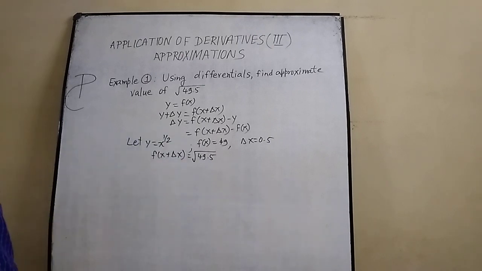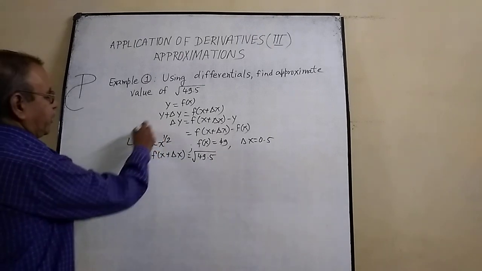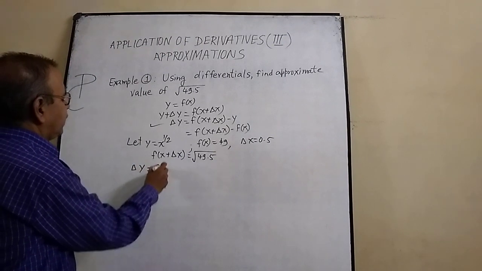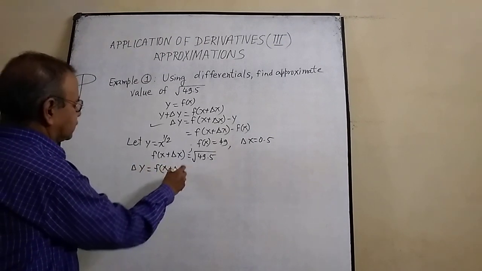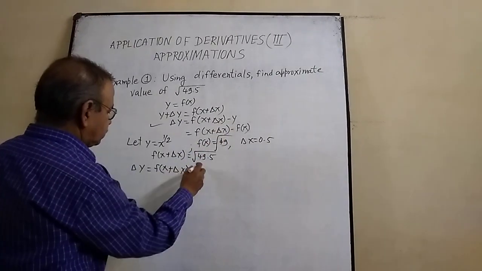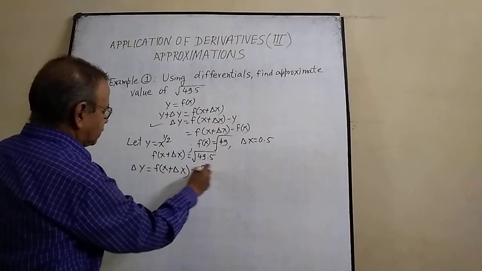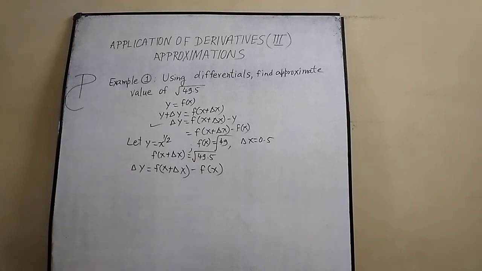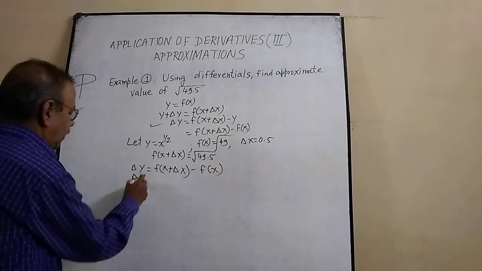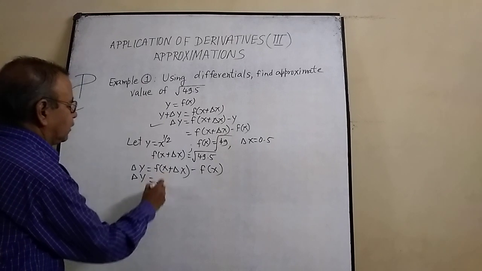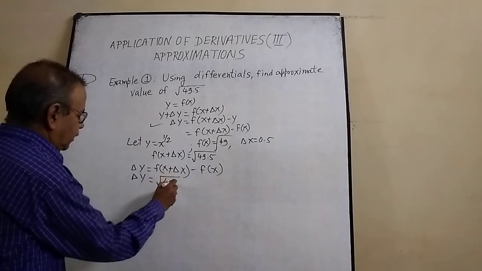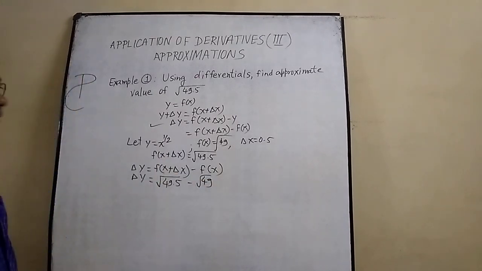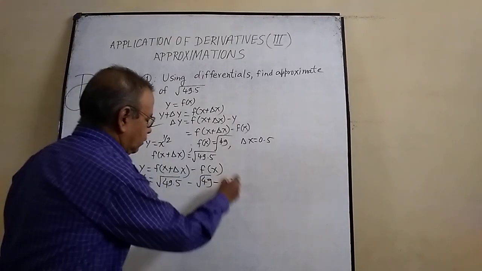Now I write delta y is equal to f(x plus delta x) minus f(x), so delta y is equal to the square root of 49.5 minus 7. This is my equation number 1.